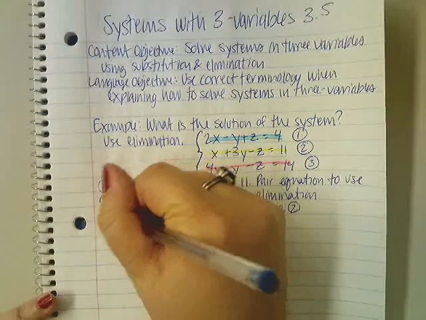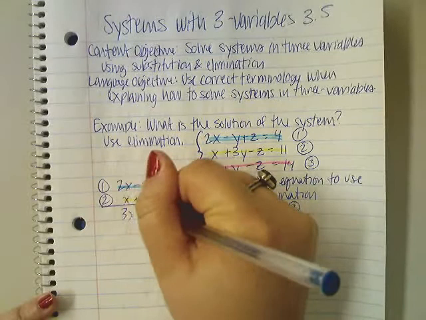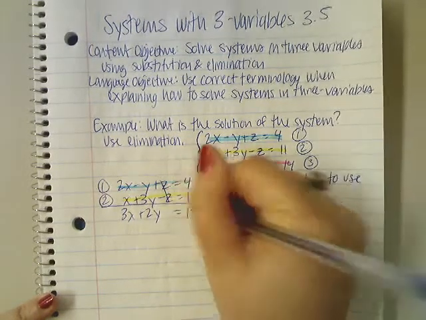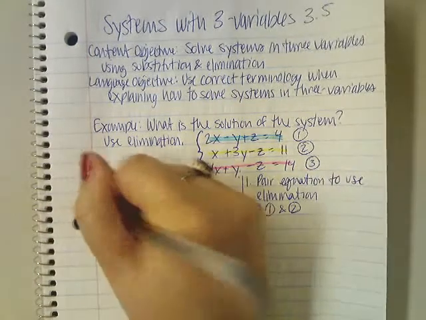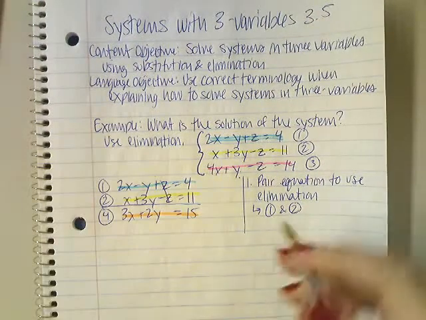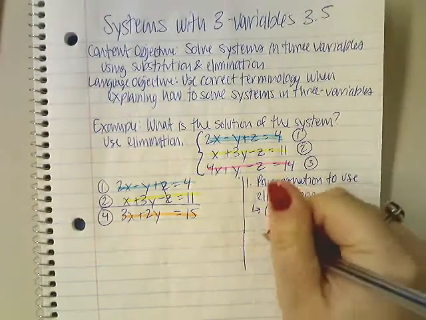So here we get 3x plus 2y, the z's cancel, equals 15. I'm going to make this equation number 4, and I'll make it orange. So equation 4 is now orange. Now I'm going to do the same thing again.